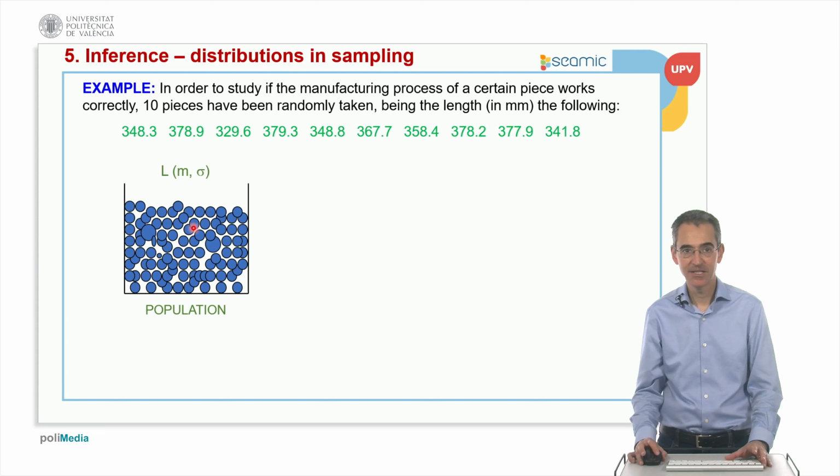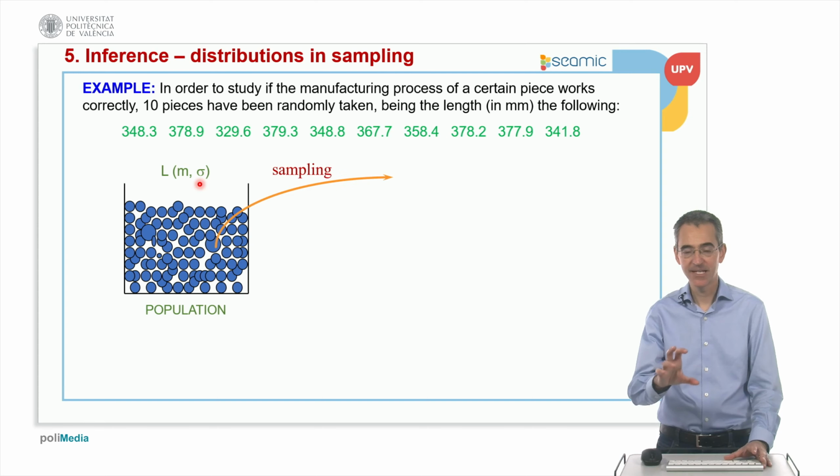Then imagine that we have the length, which is the quality characteristic that we want to control. This length has an average that we call M, and a standard deviation in the population that we call sigma.